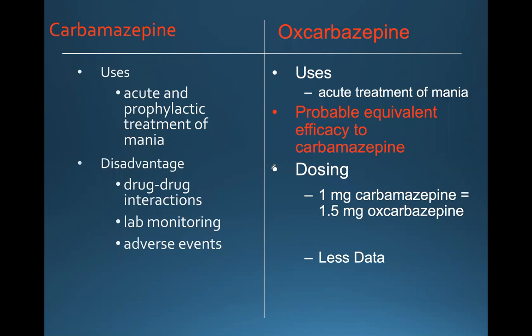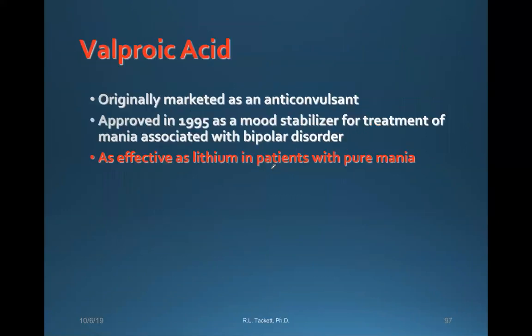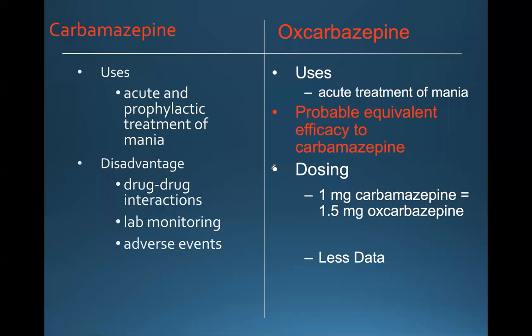We don't have as much data on it as we do with carbamazepine, but basically 1 milligram of carbamazepine equals about 1.5 milligrams of oxcarbazepine. But this was one alternative that was potentially proposed. I'll talk a little bit more about this later today.